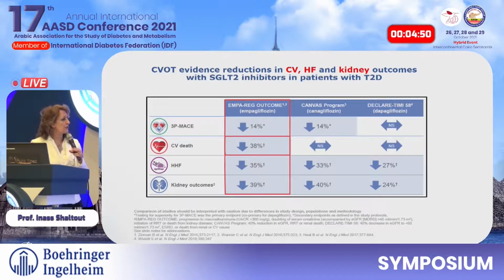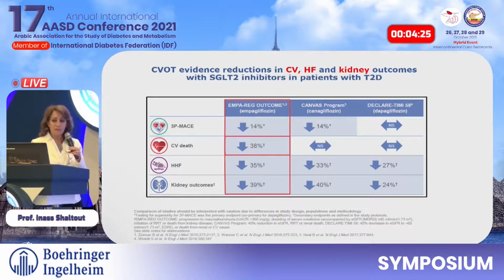For cardiovascular deaths, there was a 38% reduction with empagliflozin, and it was non-significant in the remaining two molecules. For hospitalization for heart failure, reduction of 35% with empagliflozin, 33% with cana, and 27% with DAPA.